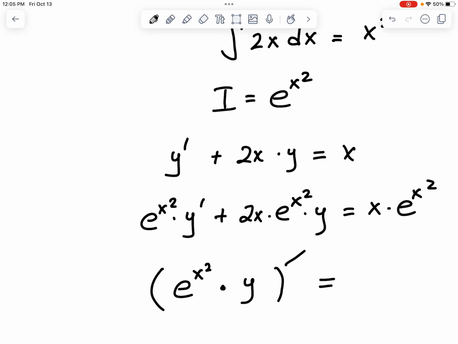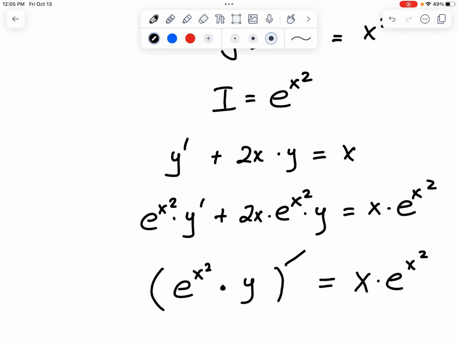And as you can see, when they did the second half of the product rule, when you take the derivative of e to the x squared, it would be e to the x squared times the derivative of x squared, which is 2x. And then on the right side, it just stays the same for now, x e to the x squared.